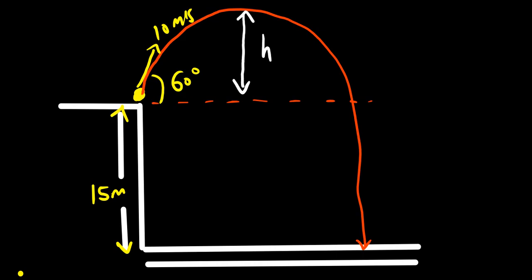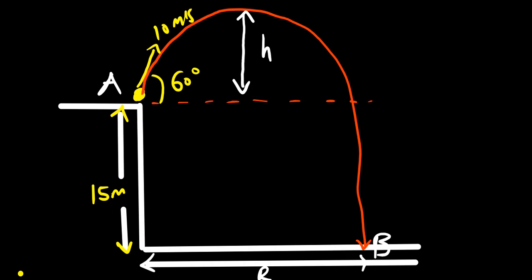Okay, and let's say this is point A, this is point B where it has reached. Okay, and this is our range. Let's say this is our range here. So what now are you supposed to know on this one?